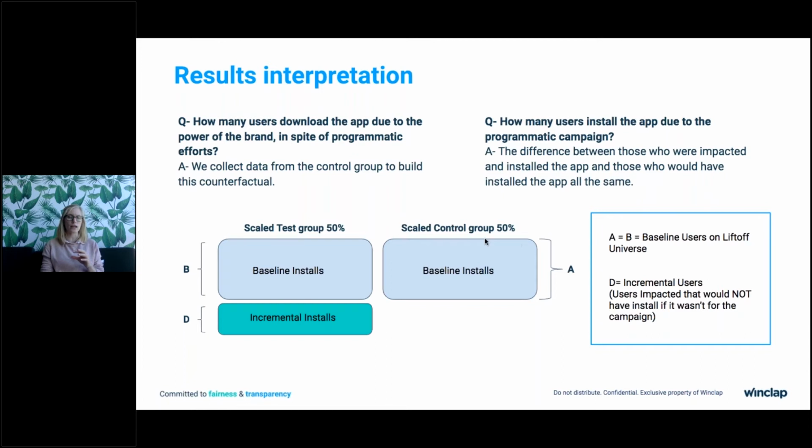Here it is already scaled to 50%. And this is the baseline because it's the same number, but B plus D is the total cohorted installs for the test group, okay? So here is the thing you have to focus on. You have to take the difference between the baseline and the incremental, all right?